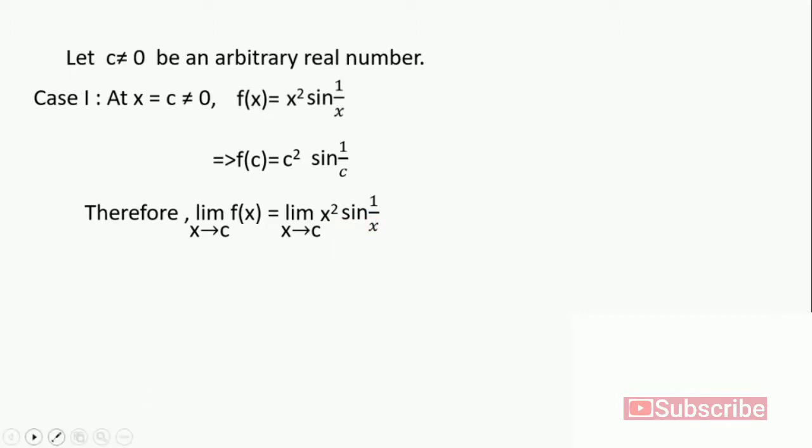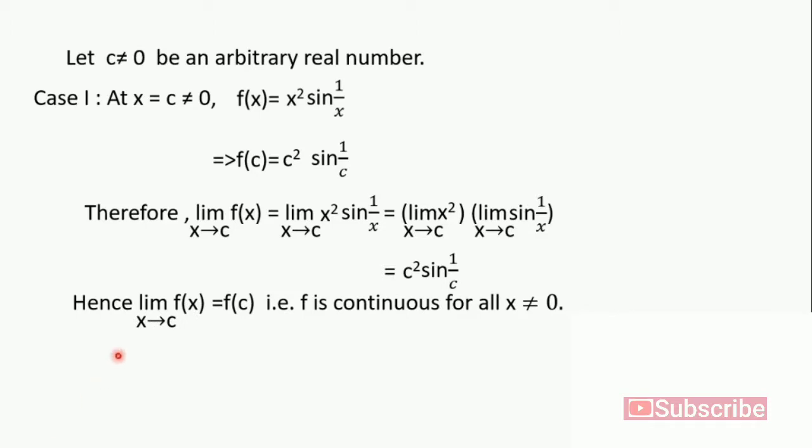Next, the limit is distributed to x square and sine of 1 by x, and then we get c square sine of 1 by c, which is exactly the same as the value of the function at c. That means for positive or negative real numbers the function f(x) is continuous. Hence limit as x tends to c of f(x) equals f(c), so f is continuous for all x not equal to 0.